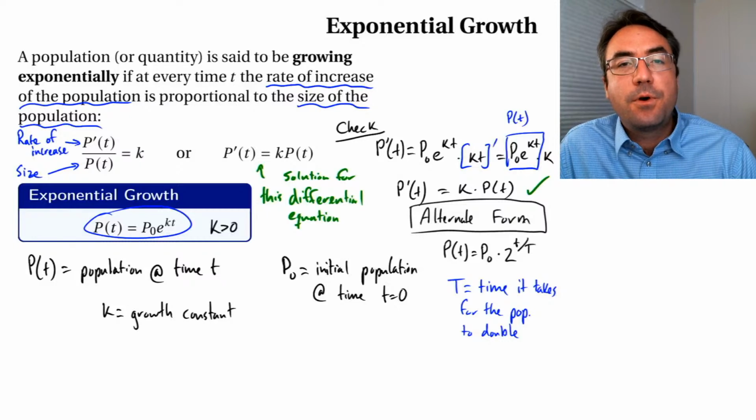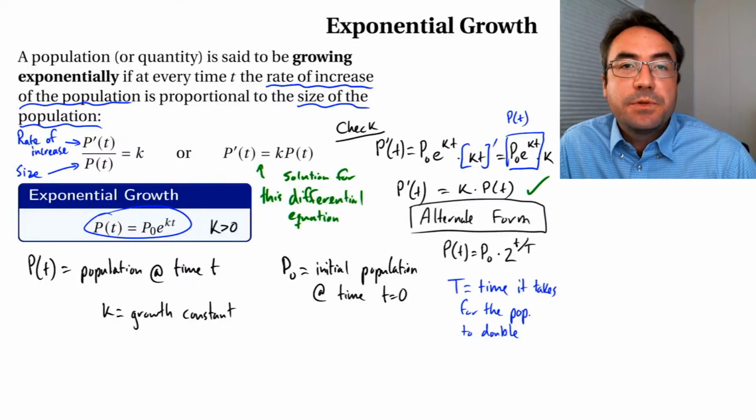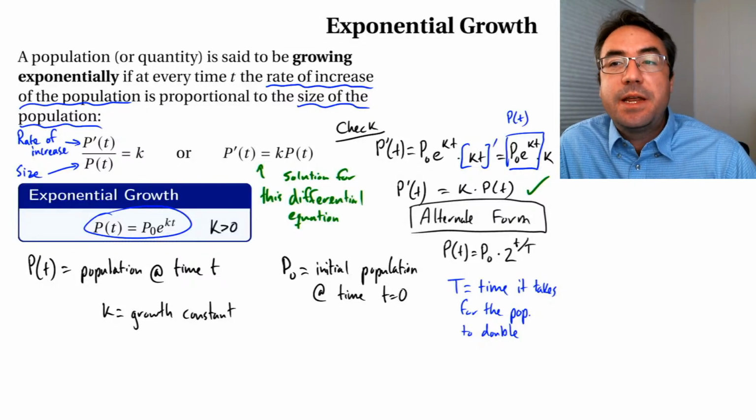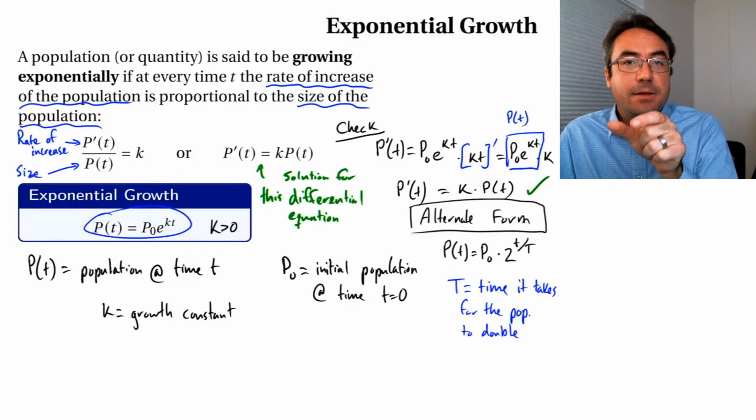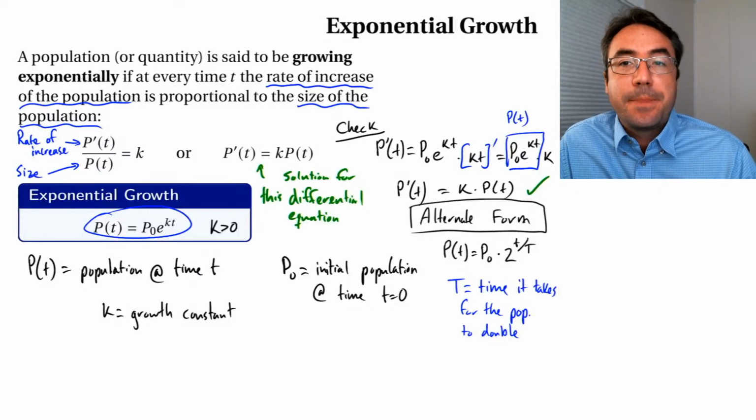And that alternative form, that's more in line with what we were seeing in our motivating example, where we were just multiplying consecutively by larger and larger powers of 2. So this is just another way to think of our exponential growth function in terms of base 2.